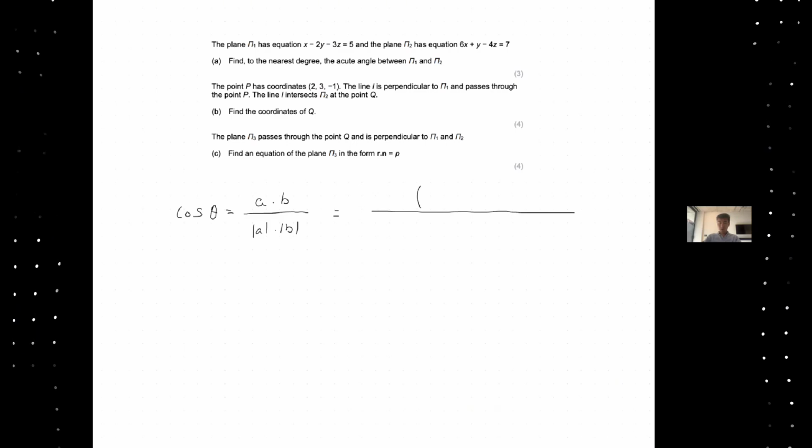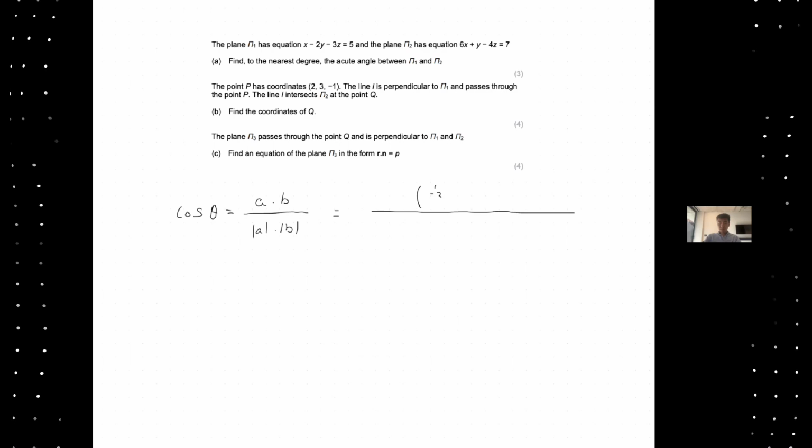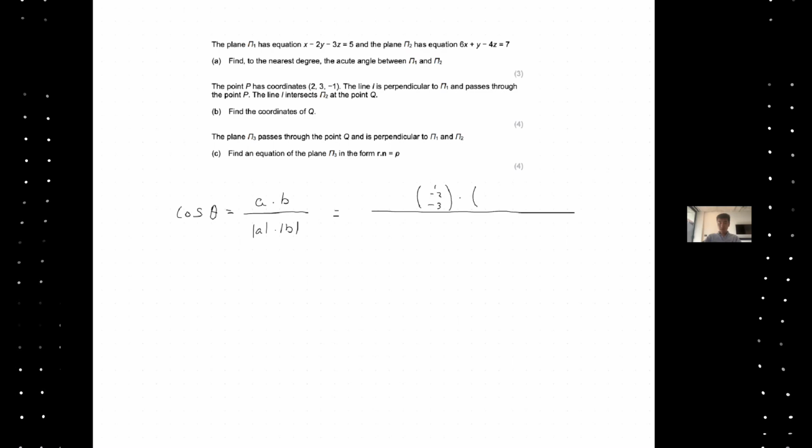Okay, so let's just do that. So A dot B, well, we can turn x, y, and z into just normal vectors, right? For the first plane, it's just going to be 1, minus 2, minus 3. And for the second plane, it's going to be 6, 1, minus 4.